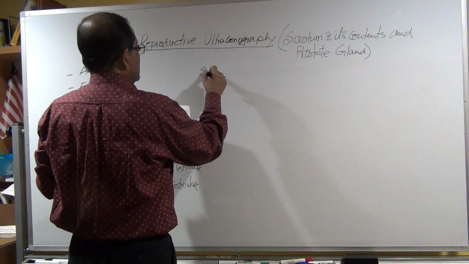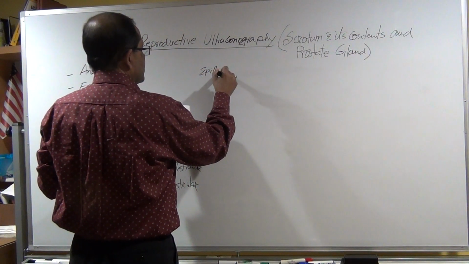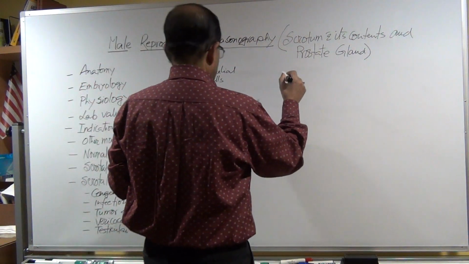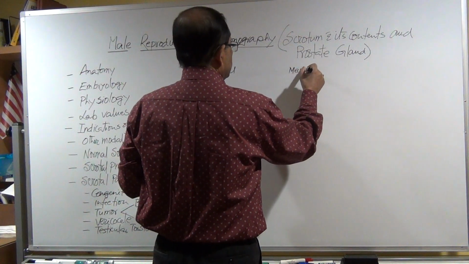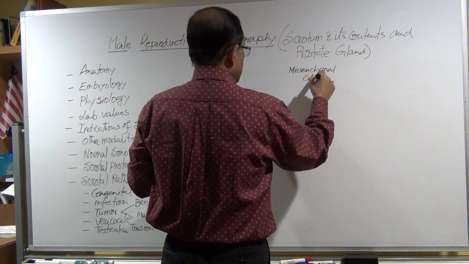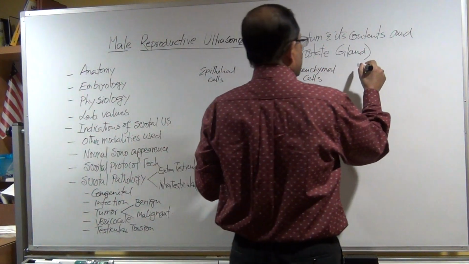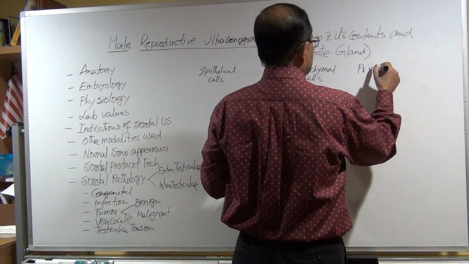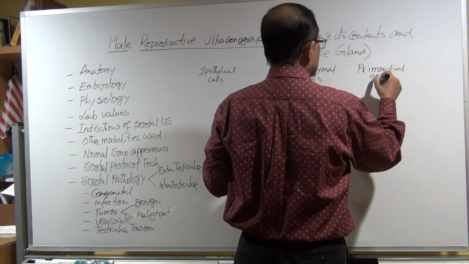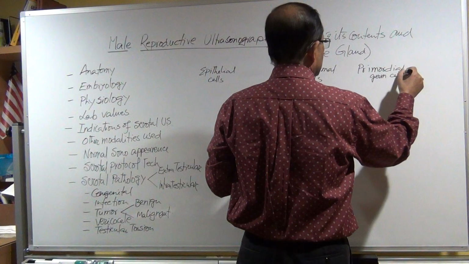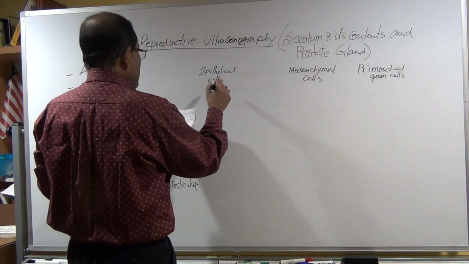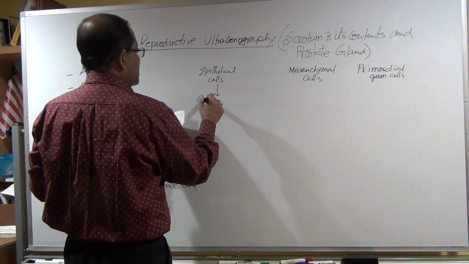One is epithelial cell source, another is mesenchymal cell source, another is primordial germ cell source. Okay, from the epithelial cells, there will be gonadal ridge.